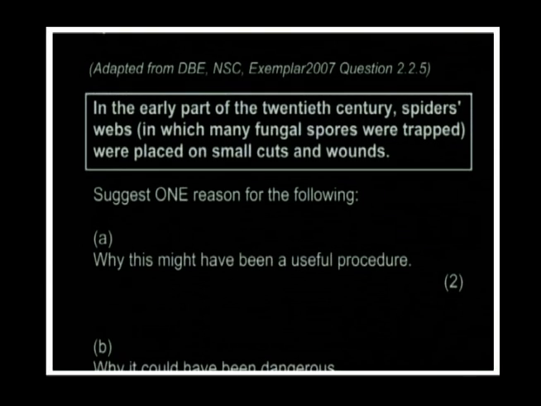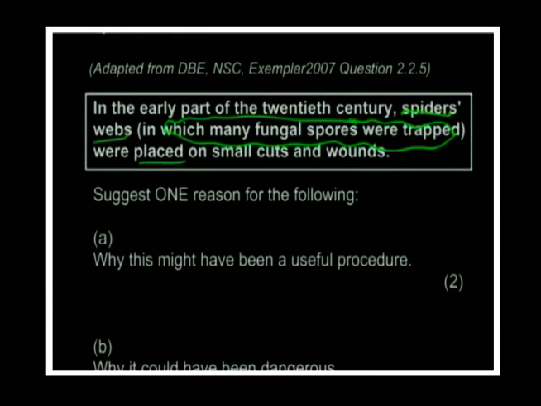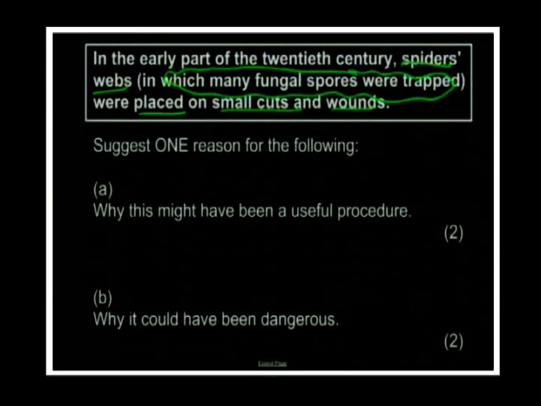Question 3. In the early parts of the 20th century, spiders' webs, in which many fungal spores were trapped, were placed on small cuts and wounds. Suggest one reason for each of the following. Why this might have been a useful procedure. Remember that fungi are used to make antibiotics.